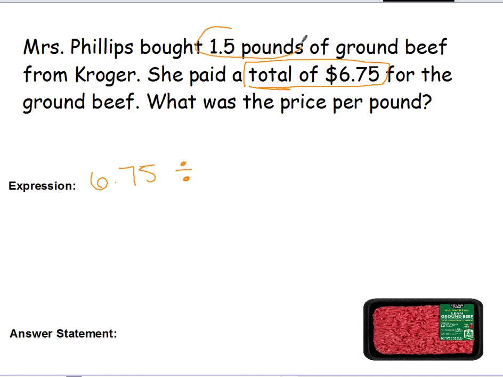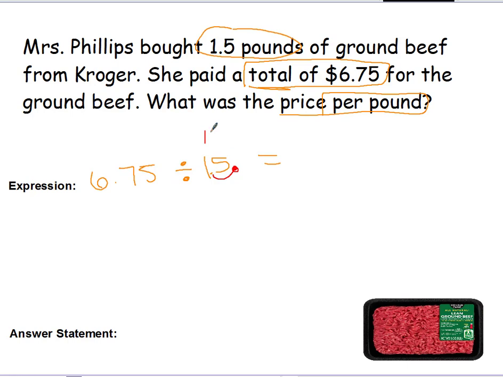So the number of groups is going to be 1.5 because that's how much she bought. And we want to know what was the price per pound. It's another indicator that it's going to be a division problem. I can clearly see that my divisor has a decimal, and again, I can't have that. So I move it to the right until I have a whole number.